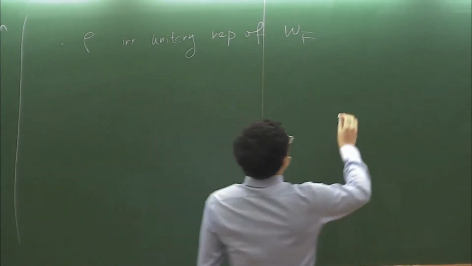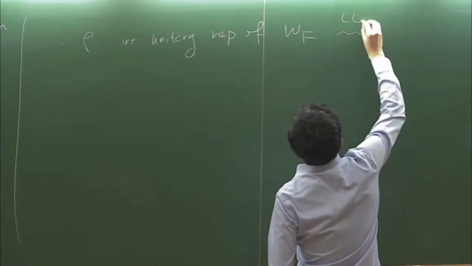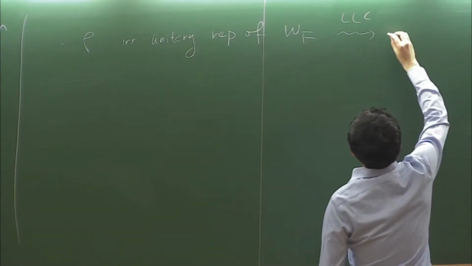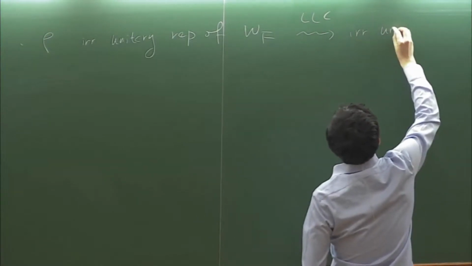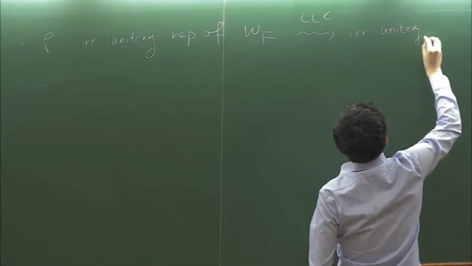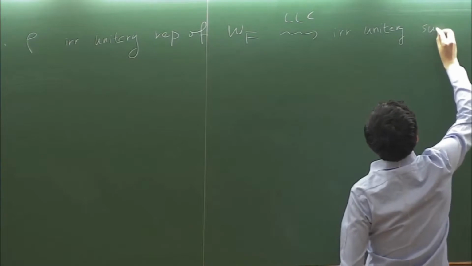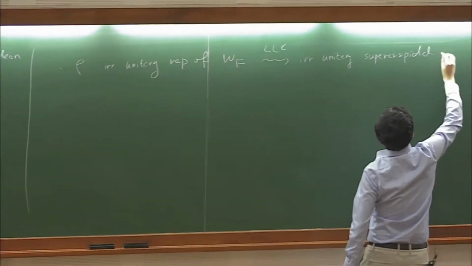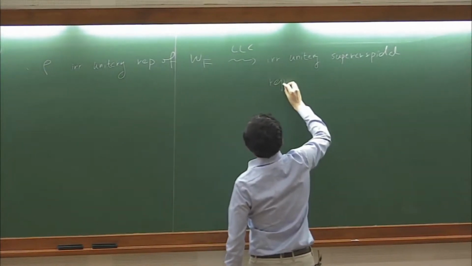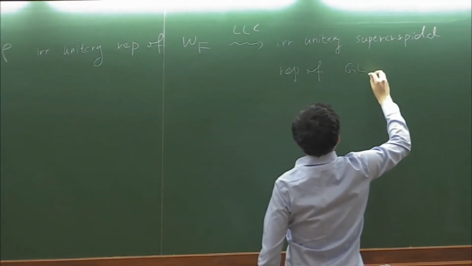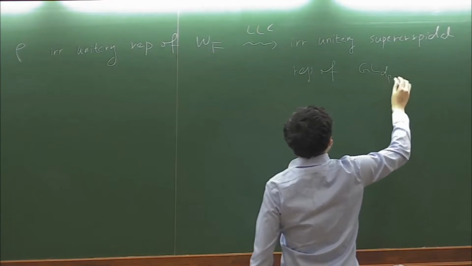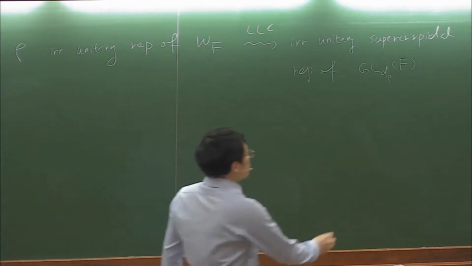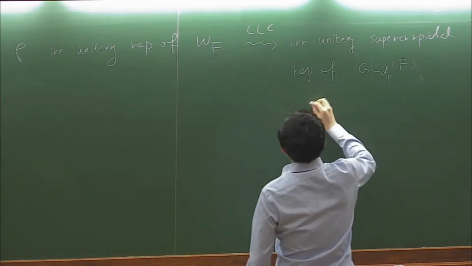And by the local Langlands correspondence, we know that this corresponds to an irreducible unitary supercuspidal representation of some general linear group, GL_d(rho), and for this representation, again, I will denote it by rho.